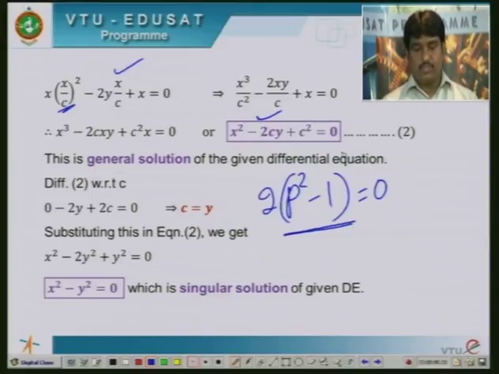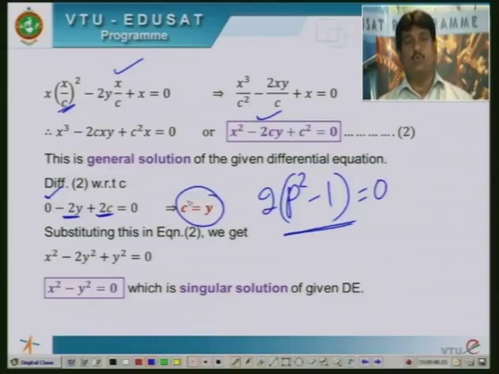Now, let me differentiate 2 with respect to c. Derivative of x square is 0, minus 2cy, minus 2y is constant, derivative of c is 1, so it is only minus 2y, plus derivative of c square is 2c, which implies c equals y.